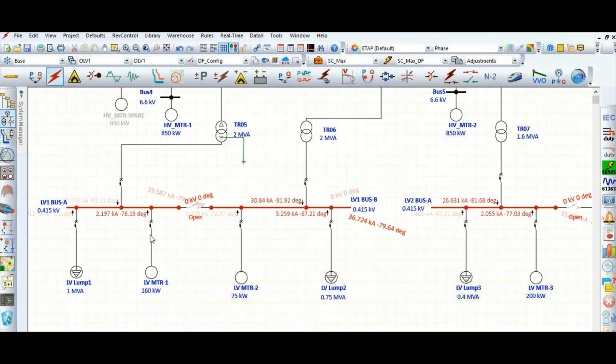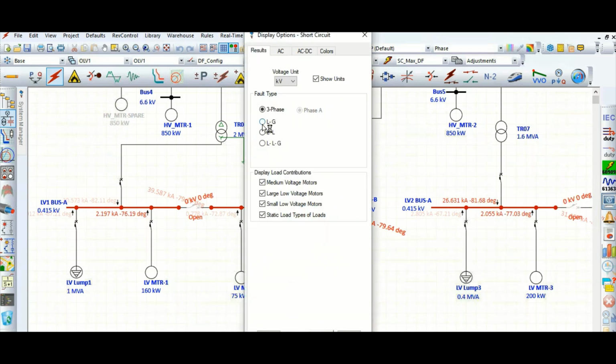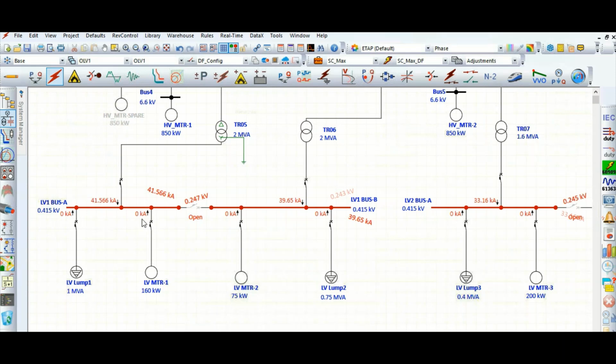So the fault contribution by this motor is 2.197 kA. But if we check this LG fault, single line to ground fault, then it is coming 0 kA. So there is no fault contribution by this motor.